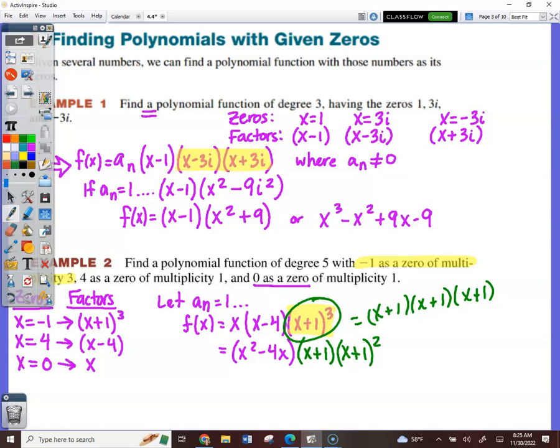So what I'm doing is I'm saying, okay, I'm just going to pull one of them out because now I can multiply these two together, right? That's a binomial times binomial. And then I can come over here and I can deal with this one itself. And then at the very end, I can multiply my last stuff together.